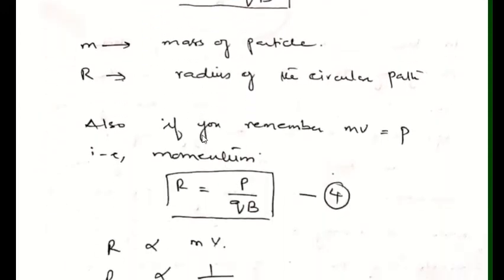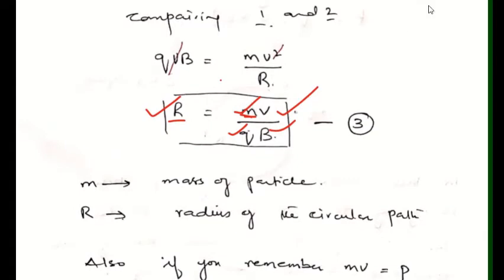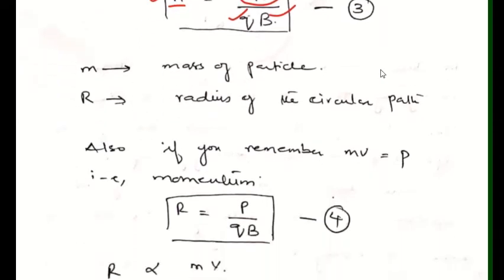If you look at this equation number 3 closely, you may see that this mv also reminds us of something from mechanics, that is the linear momentum. If you remember, we studied that linear momentum equals mass times velocity, so I can replace this mv with p, the linear momentum.